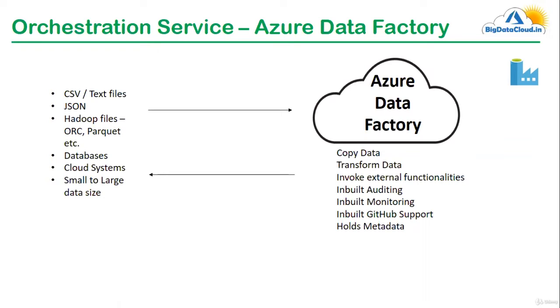And it is also able to transform or load or copy any size of data. Now, the arrows shown here are bidirectional. So it means it is able to read these file formats and read data from these source systems. However, it is also able to write data in those formats and write data into those systems.